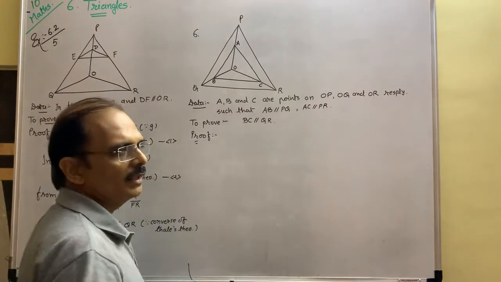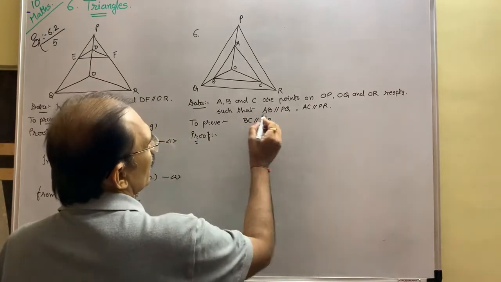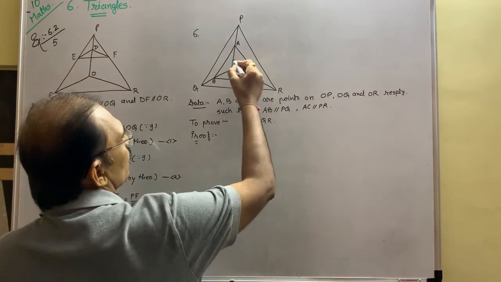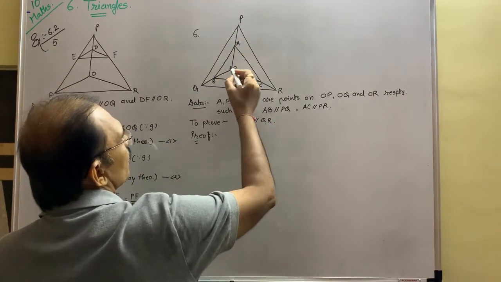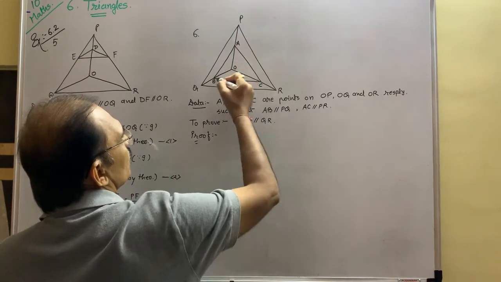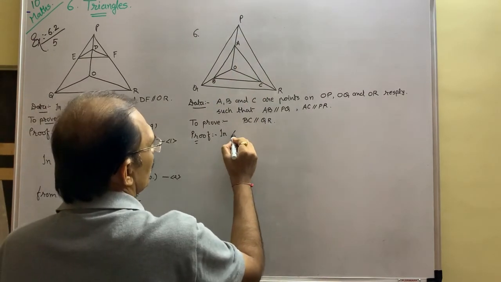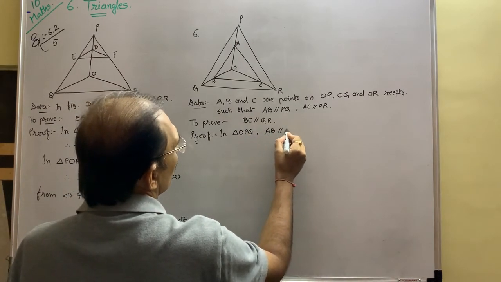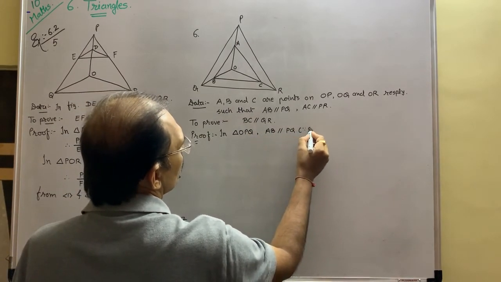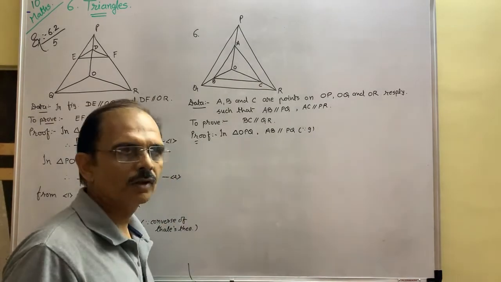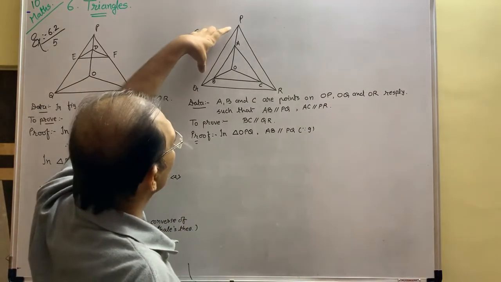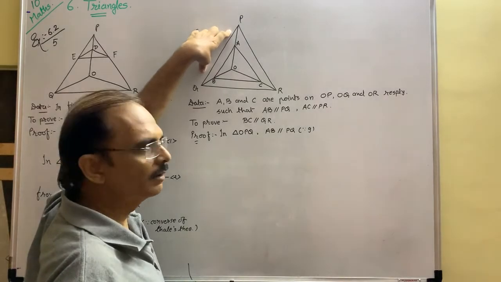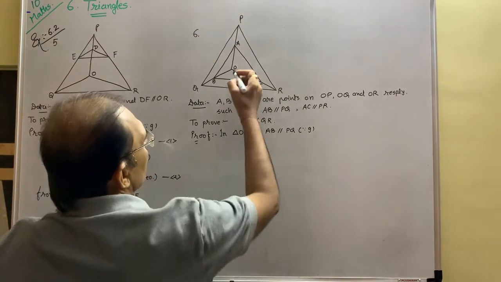See, now what is given? Start with it. AB is parallel to PQ. Now select triangle OPQ. In triangle OPQ, AB is parallel to PQ, given. If AB is parallel to PQ, then sides are in the same proportion. Which sides to select?